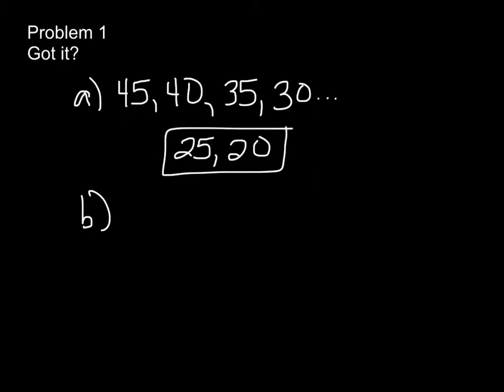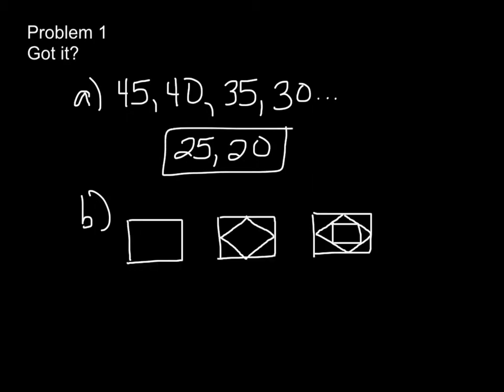In part B, we have a geometric pattern, which roughly looks like that. So what would the next 2 terms in the sequence look like? Well, we know they're going to be rectangles. Make these a little bigger. Now we know we're going to have the one before it.